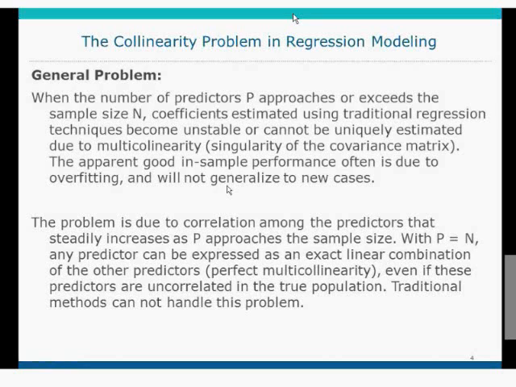You take a sample, though, and as P approaches N, this problem occurs. Any predictor can be expressed as an exact linear combination of the other predictors, even if they're totally independent in the population, if the sample size is equal to the number of predictors. Traditional methods cannot handle this problem.